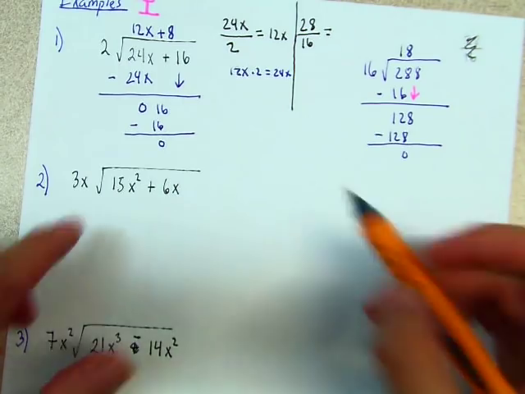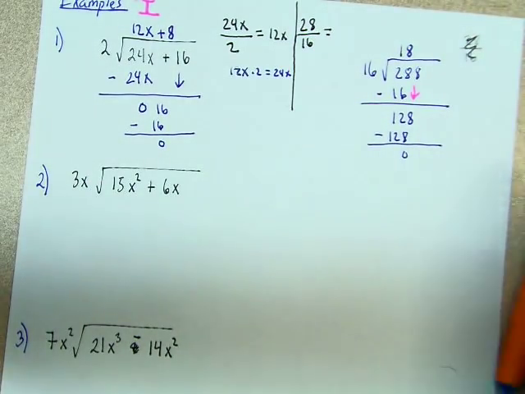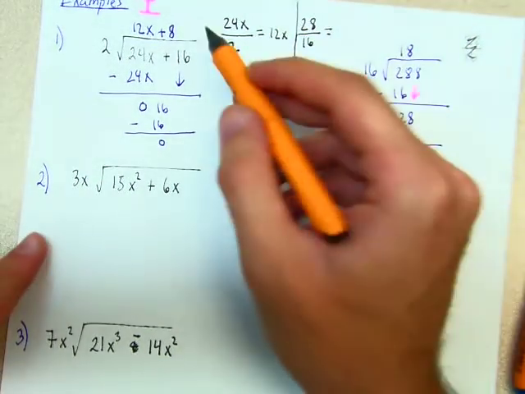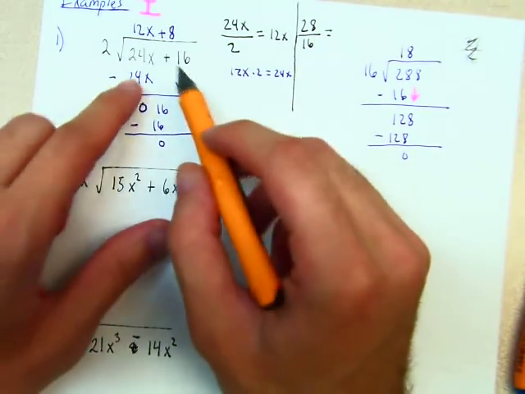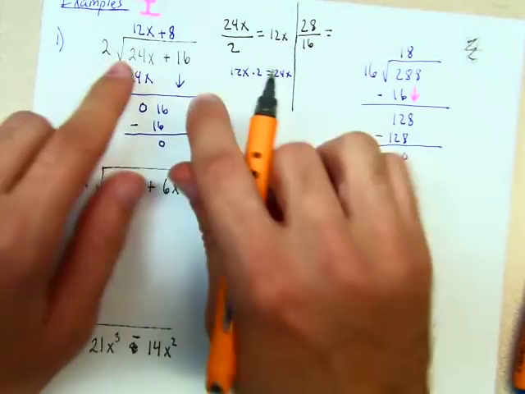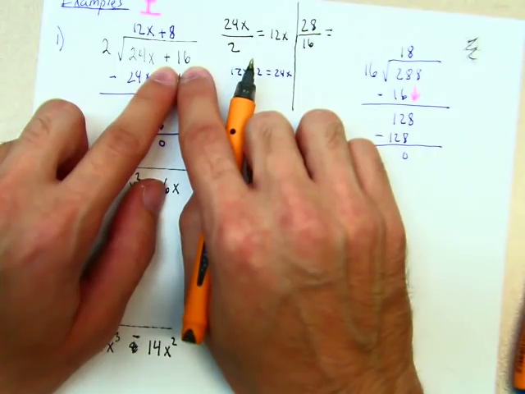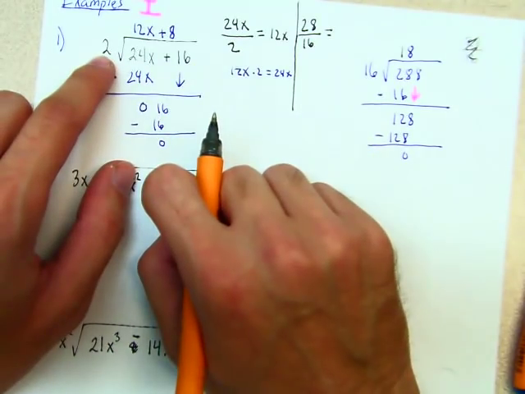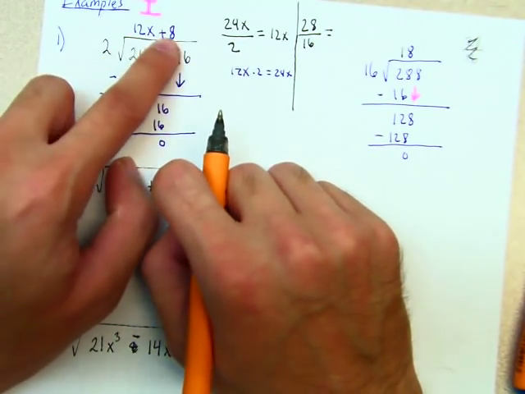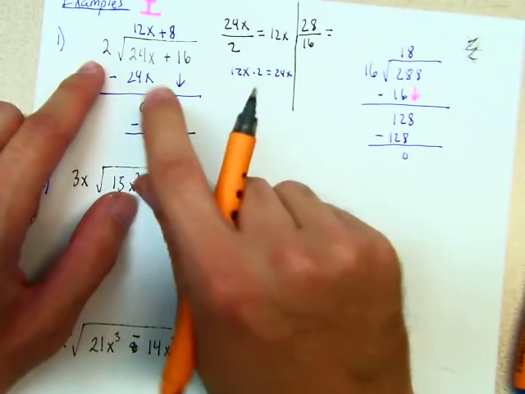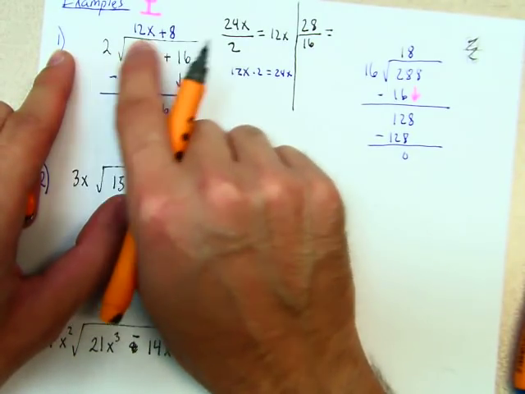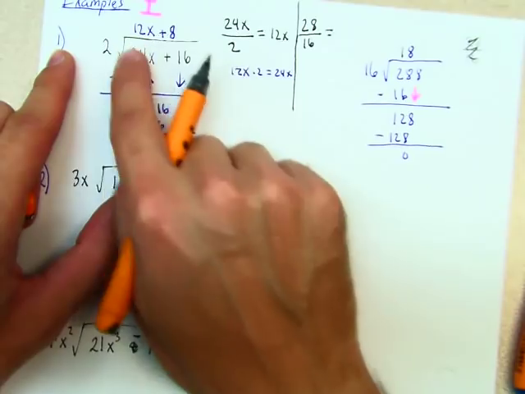And if you wanted to check to see if you were good, going back to the original question, if 24x plus 16 divided by 2, we got 12x plus 8, how can you check? This times this has to be what?